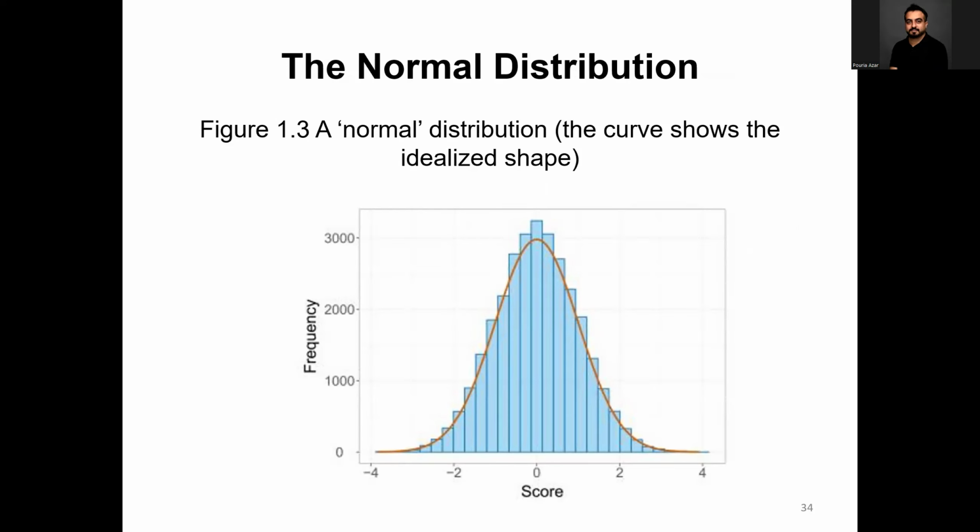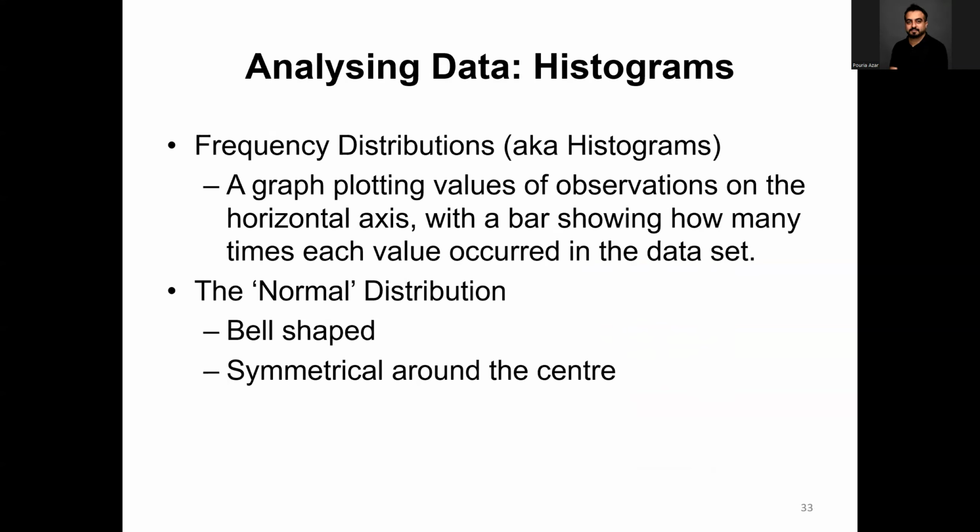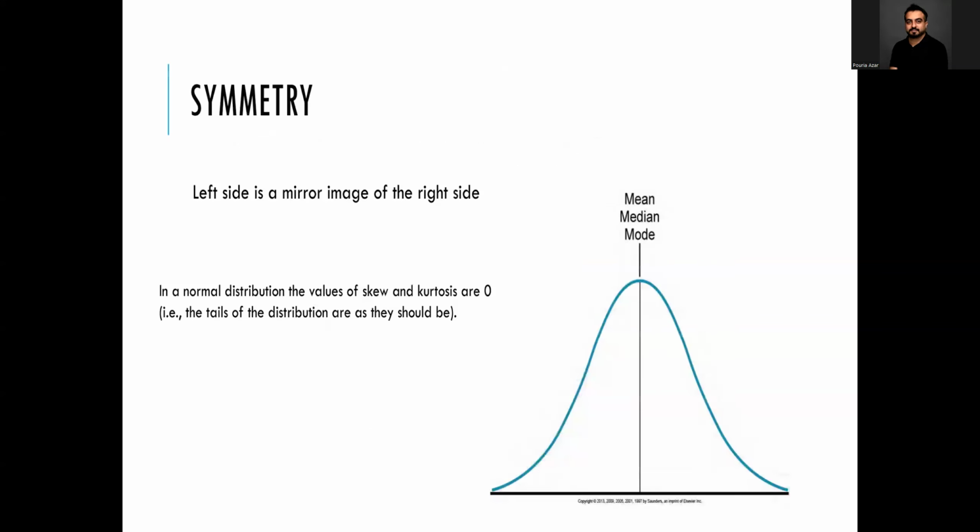X-axis is our scores, and y-axis is the frequency of each score in the dataset. And whenever we plot this dataset, it shows a normal distribution. It's a bell-shaped distribution. It is symmetrical around the center.